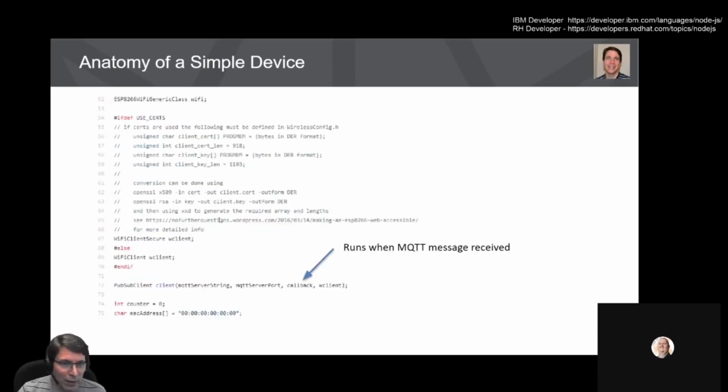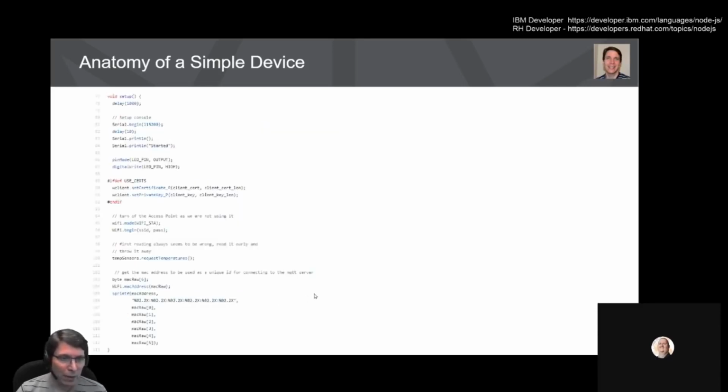Now we start to get into the code itself, and you can see that I'm creating the pub/sub client, and I'm passing in that callback, which we saw on the previous page, to say this is the callback to run when you get a message, along with the connection info that says what my MQTT port and server string are. The code here is mostly around getting the certificates all set up and passing in a unique ID.